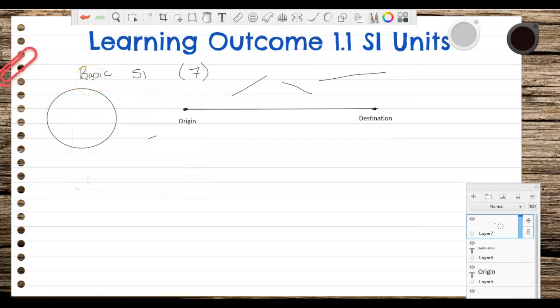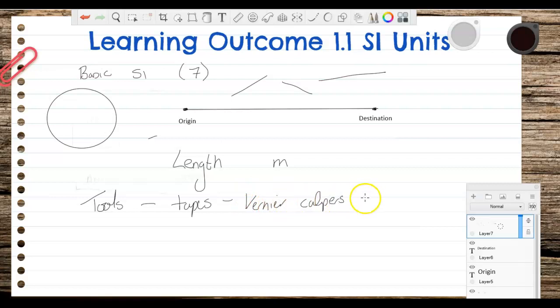Now the base unit of length is measured in meters, and then obviously we use a number of tools to do measuring. The different types of tools: we have tapes, vernier calipers, and micrometers.